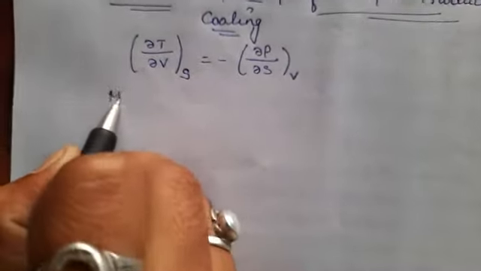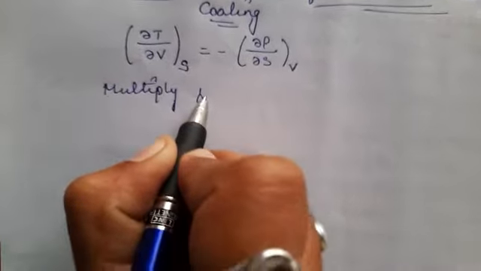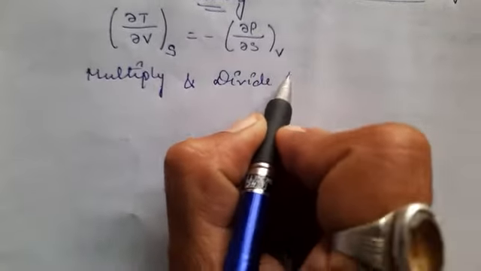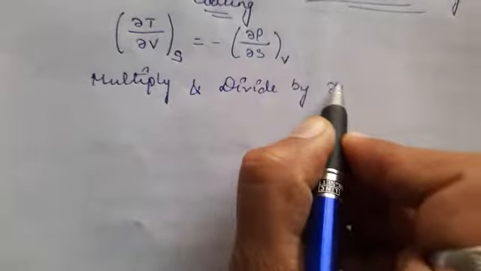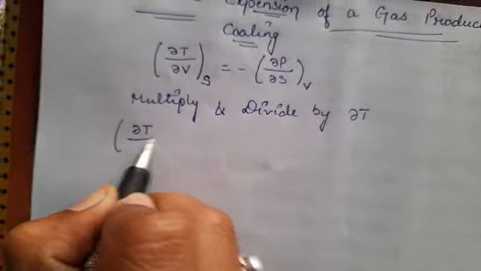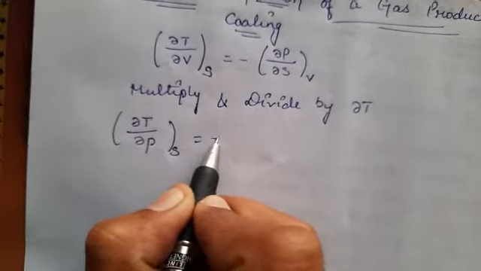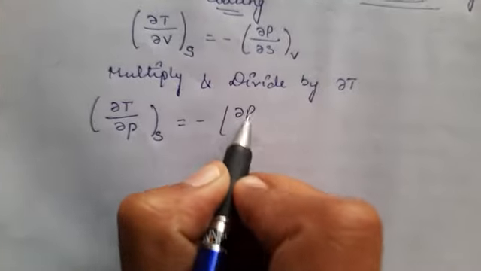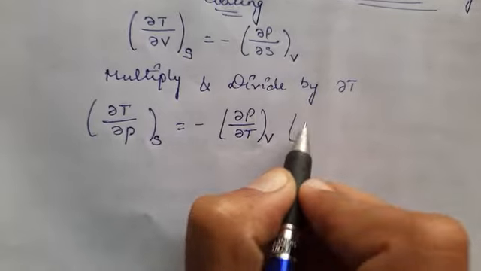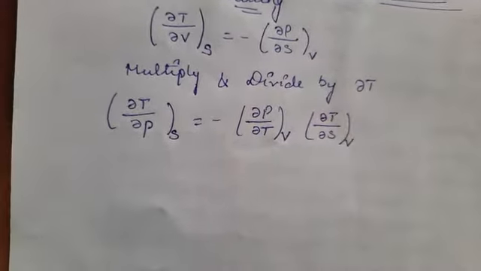So I multiply and divide the above relation by ∂T, so it will look like ∂T/∂V at constant S is equal to negative ∂P/∂T at constant volume, also ∂T/∂S at constant volume.